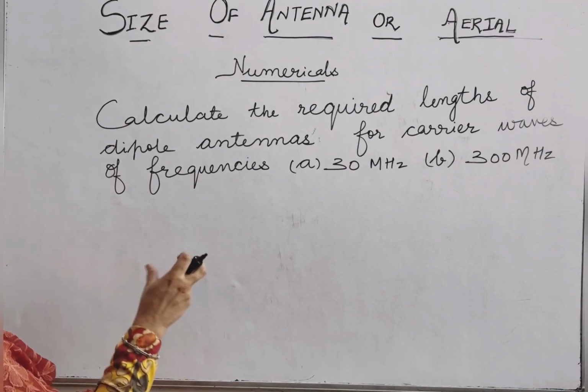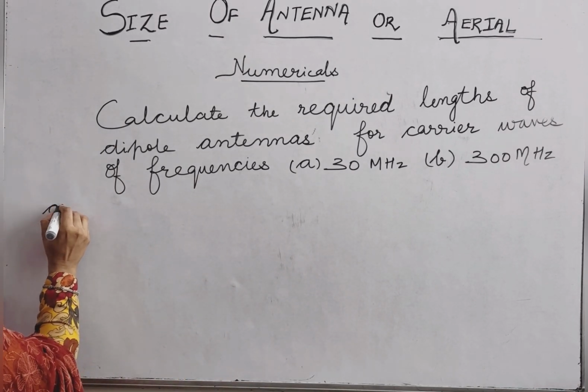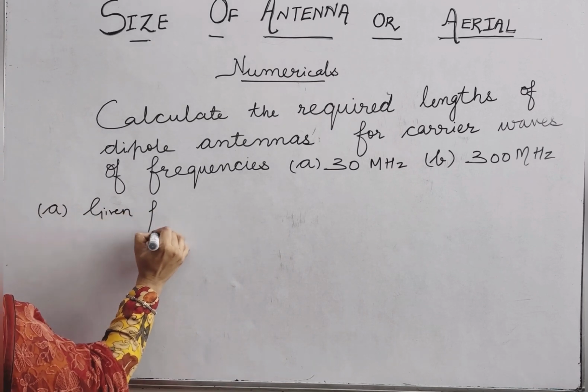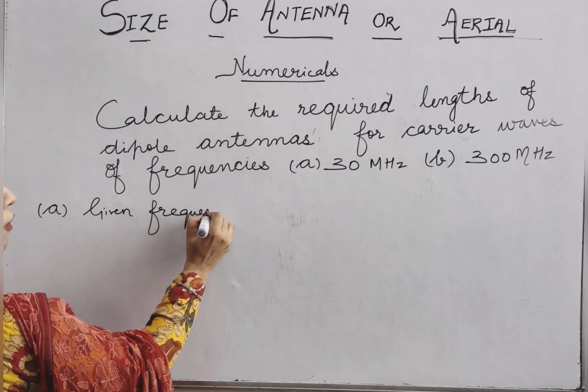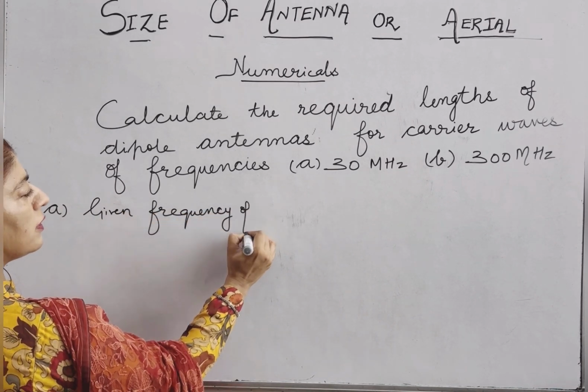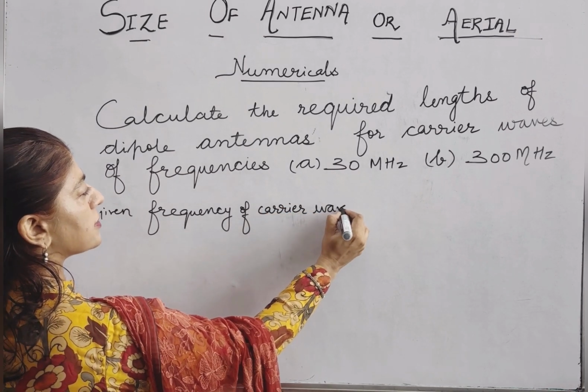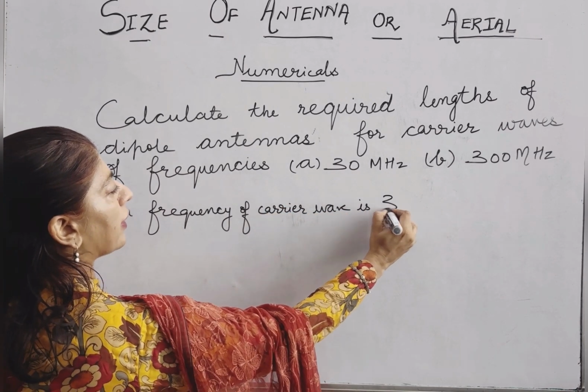So let us take the first one. Given is the frequency of carrier wave, 30 megahertz.